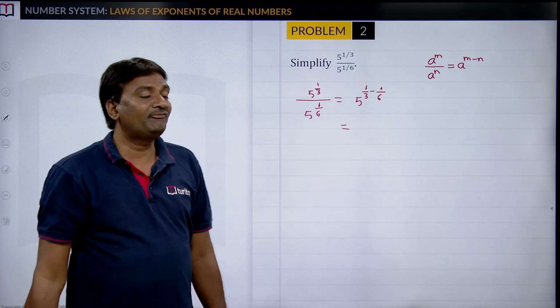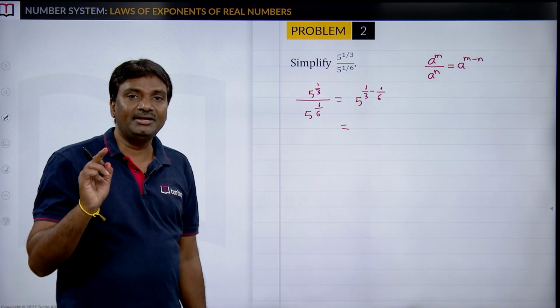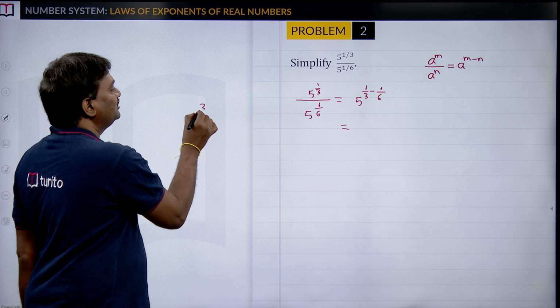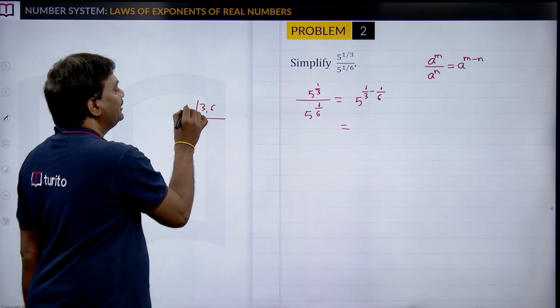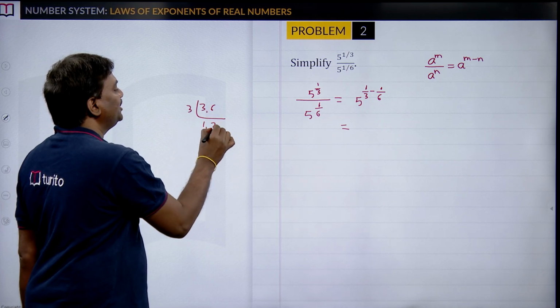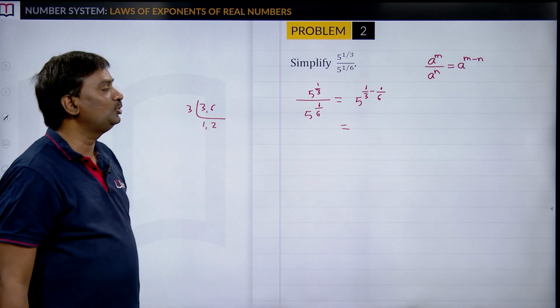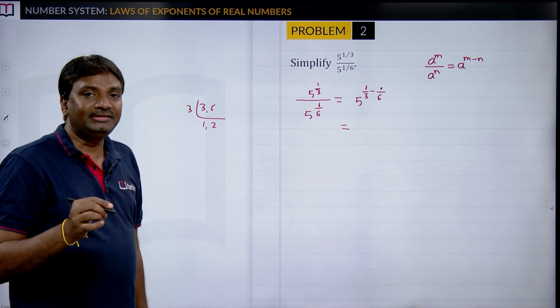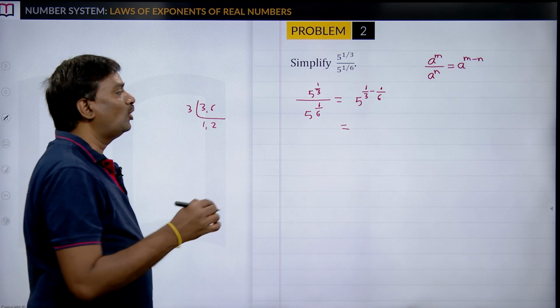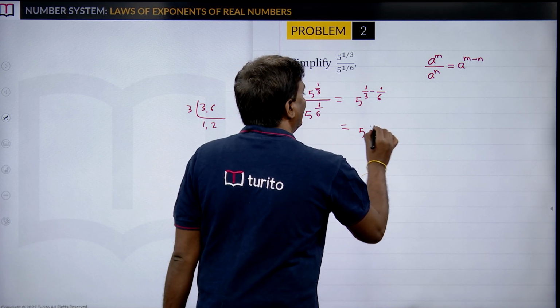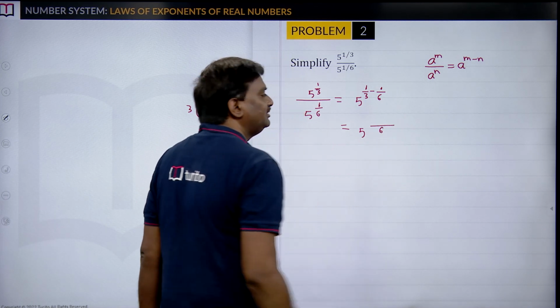When we have different denominators, you can take the LCM of the denominators. So for 3, 6, by taking the LCM, 3 ones are 3, 3 twos are 6. So 3 into 1 into 2, 6, 6 into 1, 6. So 6 can be taken as the denominator for the power. So you can take 5 power, by taking 6 as LCM.